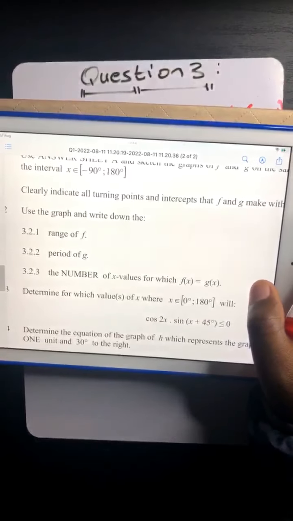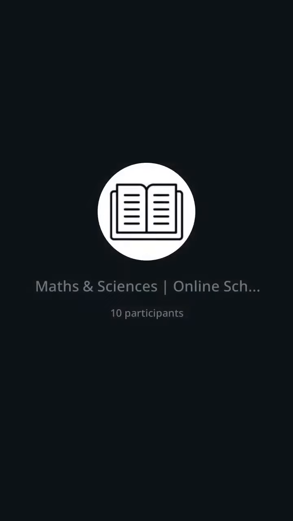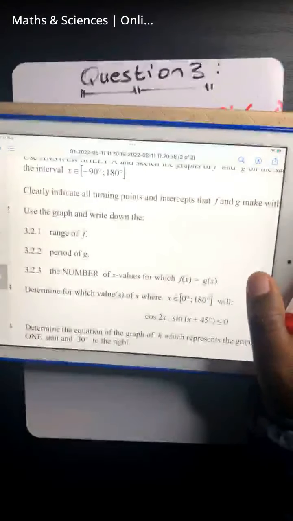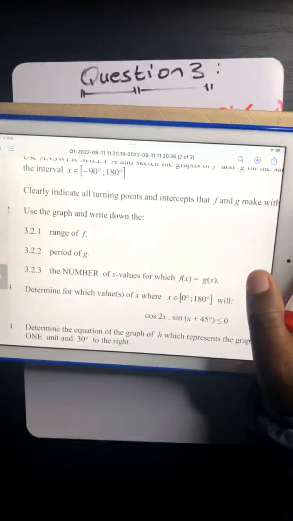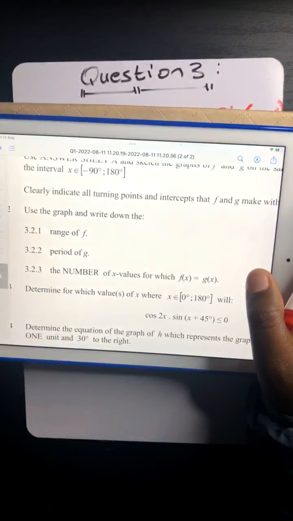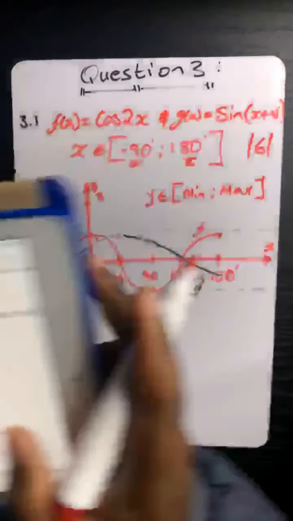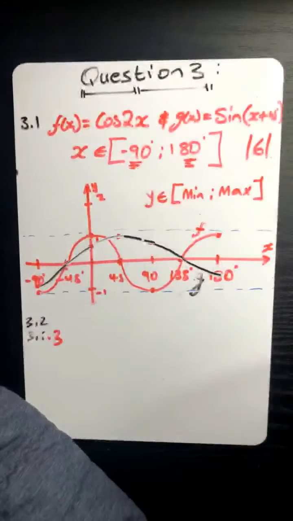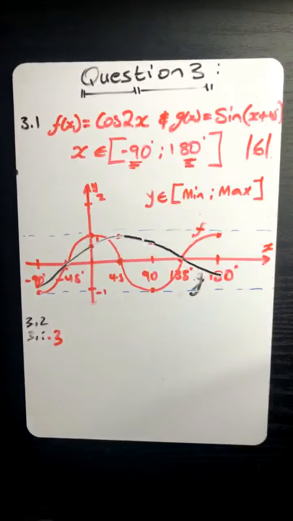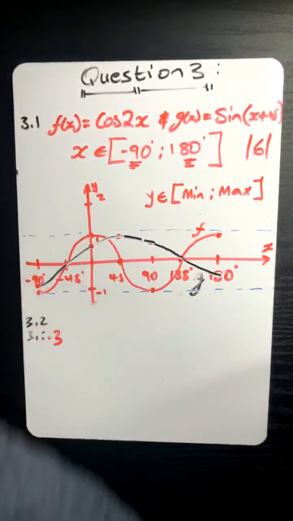So they say write down the number of x values for which f of x is equal to g of x. Do you guys not remember this type of question from the previous questions that we have done on previous days?